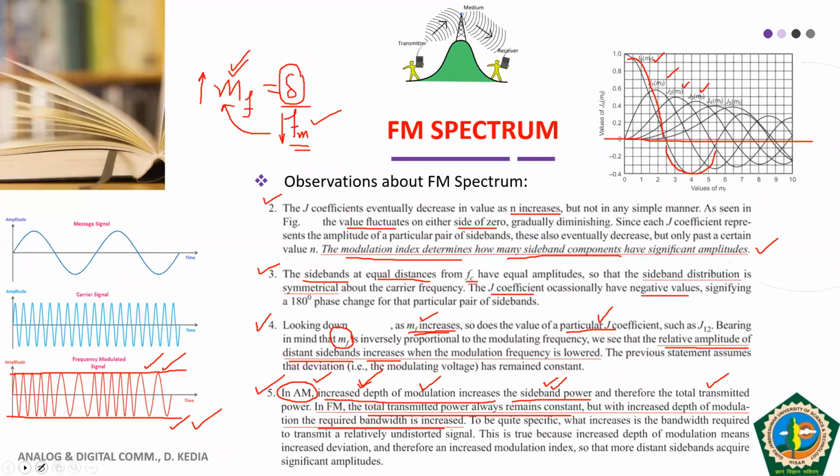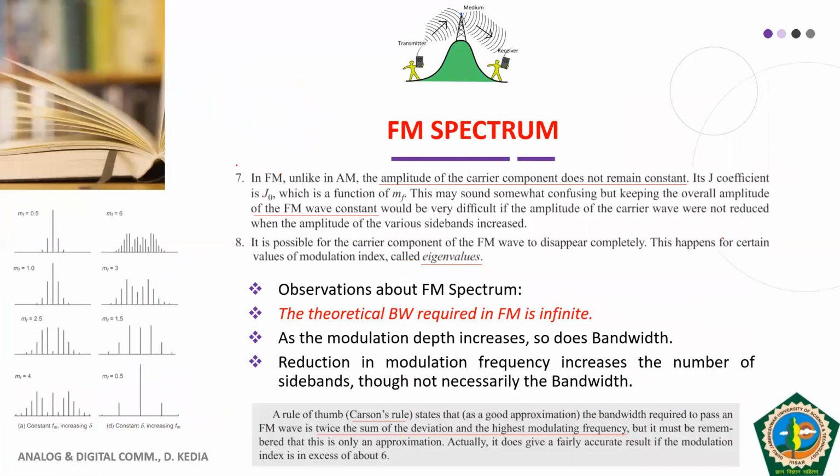Whereas in the next observation, what I'm pointing out is that in case of FM, the amplitude of carrier component does not remain constant. So I'm contradicting my statement that I told you when I explained the concept of FM. We need to understand what it actually means.